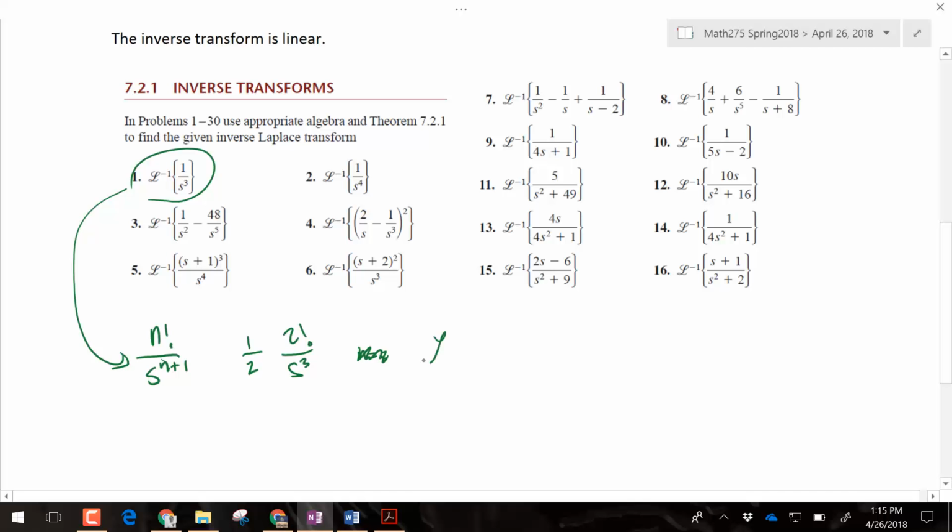So the L inverse of 1 over s cubed is the same thing as the L inverse of 1/2 times 2 factorial over s to the 2 plus 1 power.